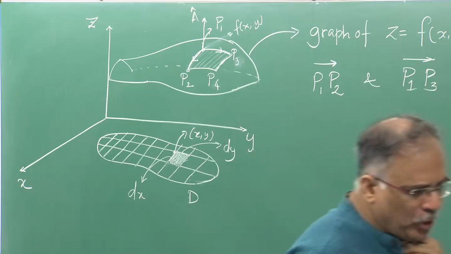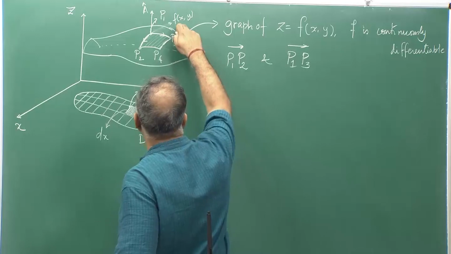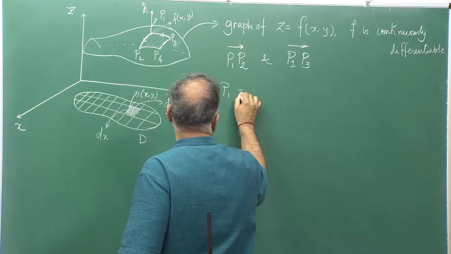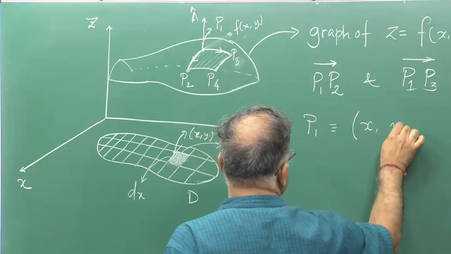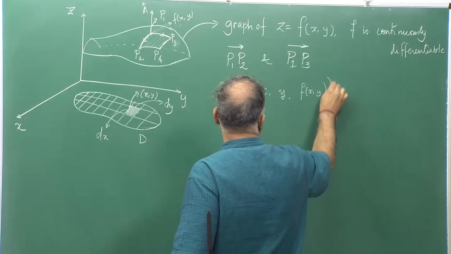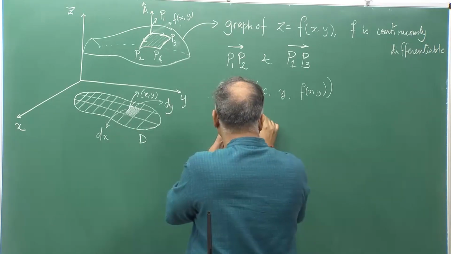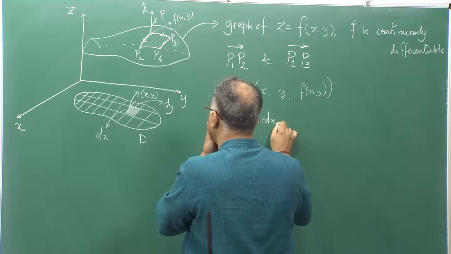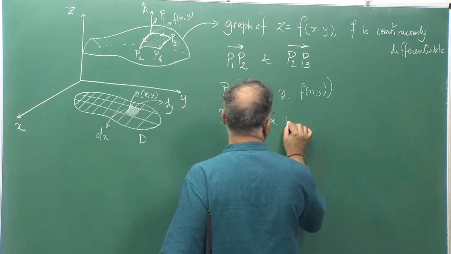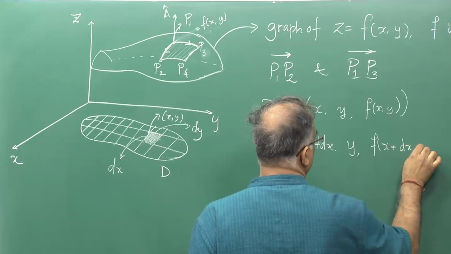Now, let me look at the point P1. The z coordinate is f of xy, the height. If I write down the coordinates, the point P1 is described by x, y and f of xy. If I look at the point P2, it has x plus dx, and its y of course has not changed, and f of x plus dx, y.